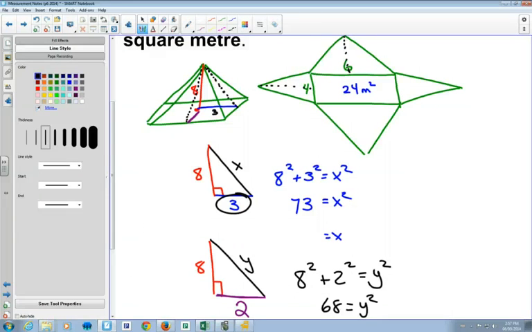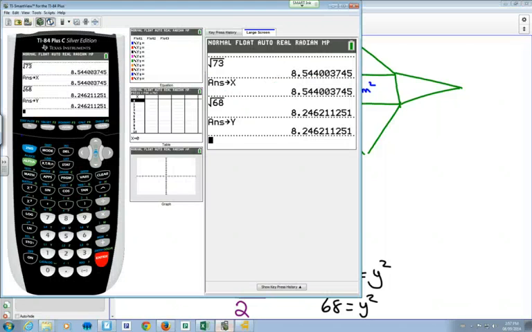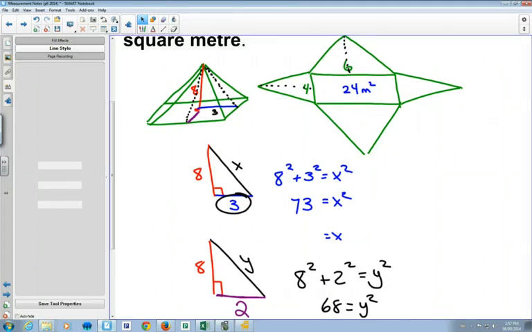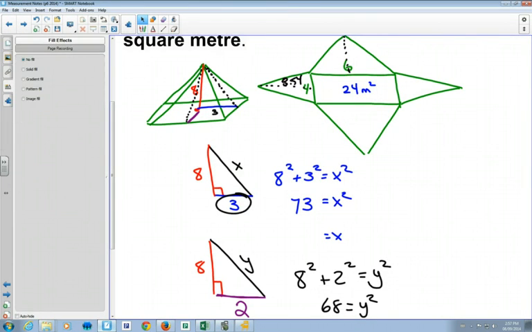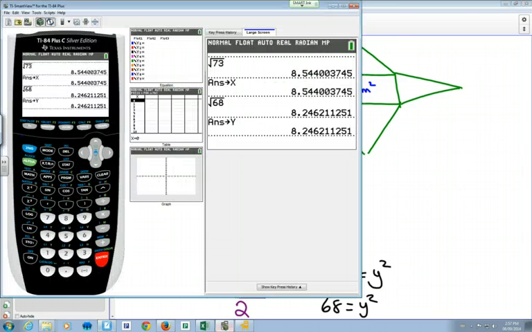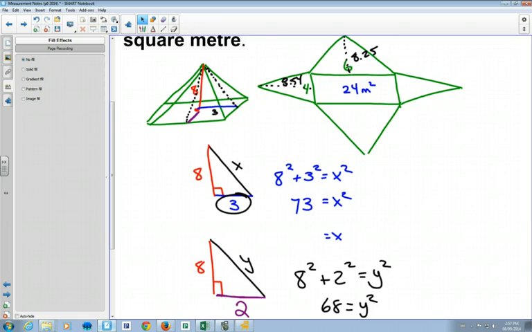But this side is the 4 one, so I know that this one is 8.54, and the other one was 8.25. So we got 8.54 as one slant height for that one, and 8.25 as another slant height for the other one.